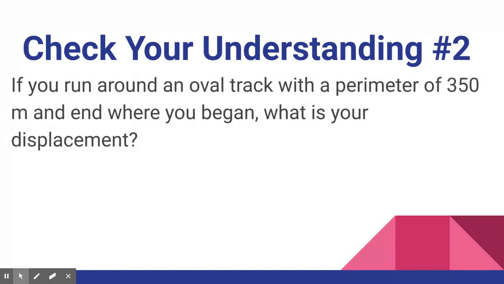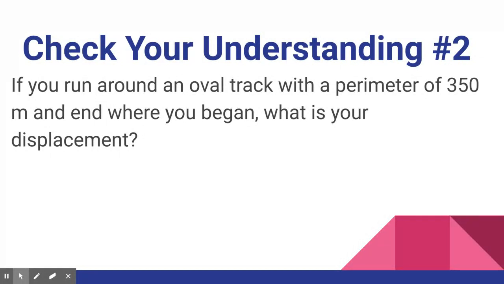If you run an oval track with the perimeter, where you end where you begin, what's your displacement? Let's say this is a 400 meter track. You ran 400 meters and you ended where you started. What's your displacement? Give it a try, see if you got it right.